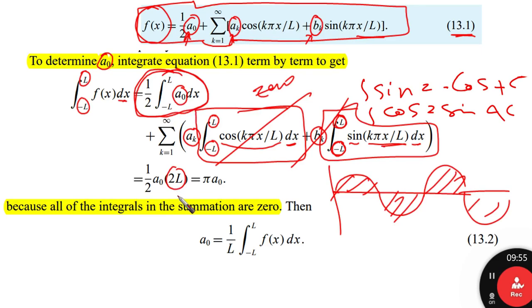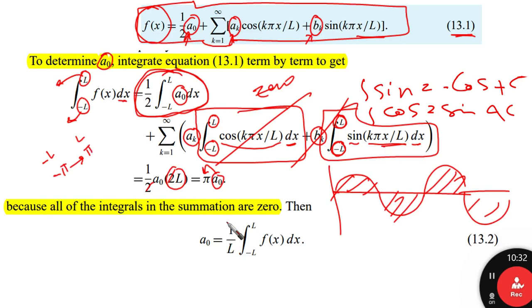After rearrangement and canceling the 2, it equals a0 L, where the limits of integration are minus pi to pi, corresponding to minus L to L.